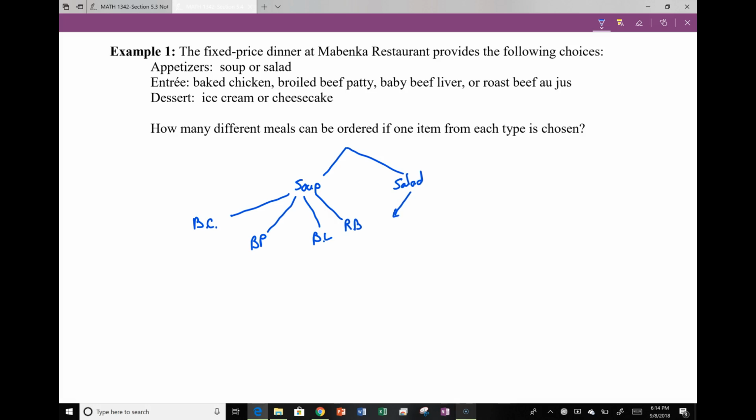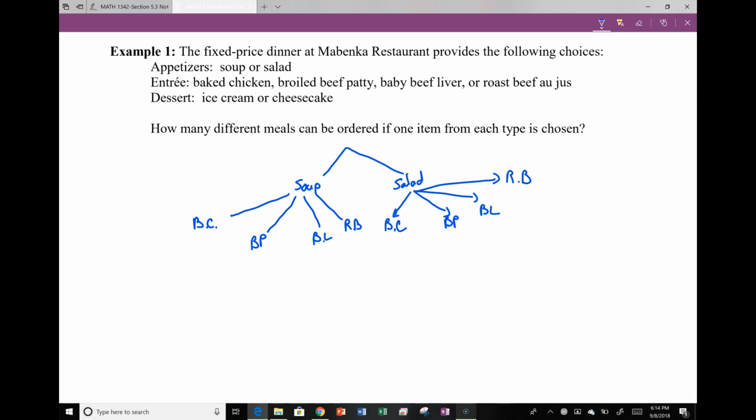Same thing, off of the salad, we can have baked chicken, the beef patty, the baby liver, or the roast beef.